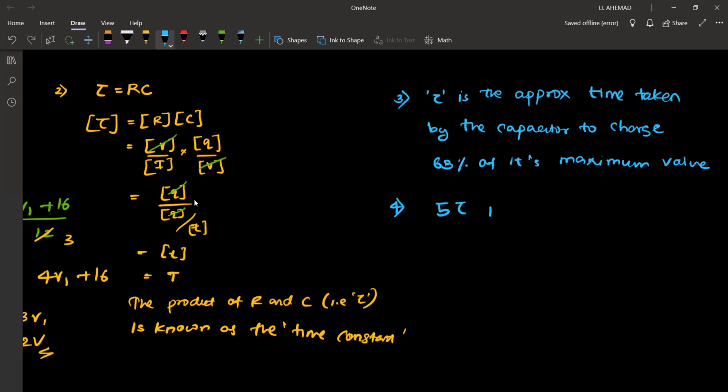Tau is also loosely the approximate time to charge completely.